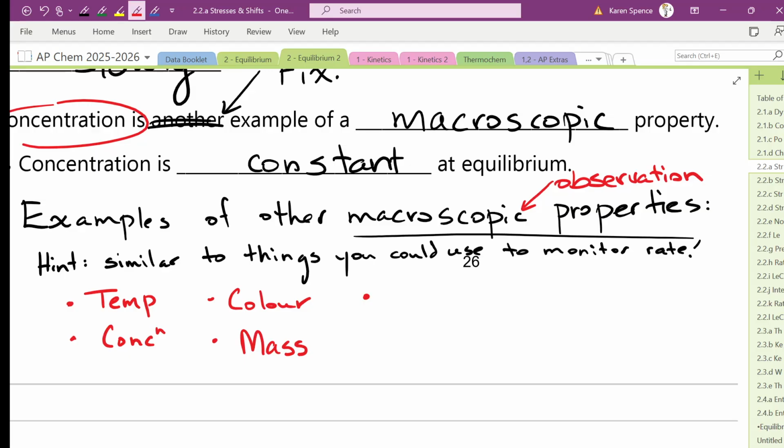So at equilibrium, you would be observing that these things are not changing. So macroscopic properties are constant? Yes. Macroscopic properties are constant at equilibrium. Would you use the term macroscopic properties in other contexts? No, not really. It's not used in other contexts.